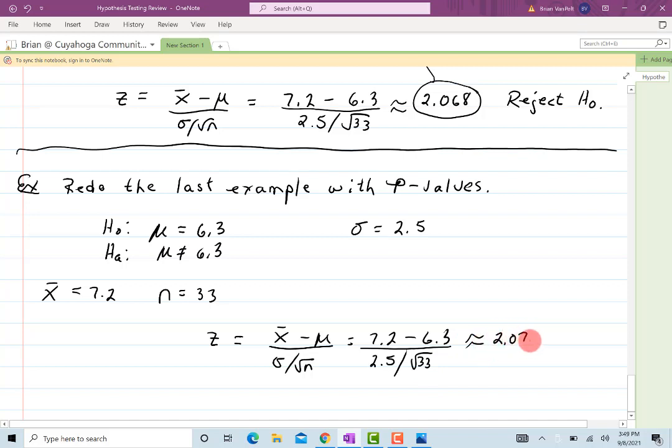So 2.07. Now, this inevitably, the z-value is going to end up on one or the other side. What we now need to do is go to the table, look at 2.07, and see how much area there is to the right of 2.07. So let's take a look.